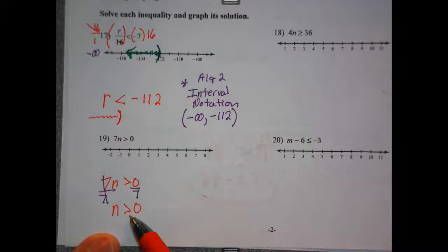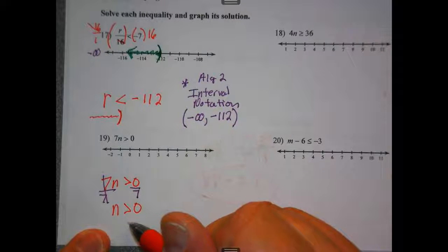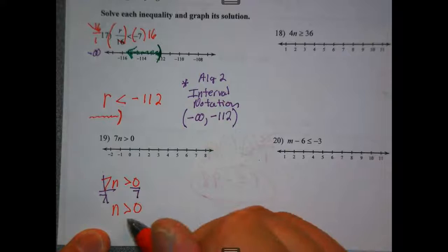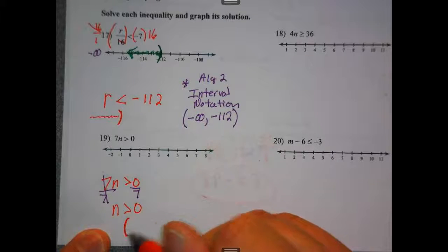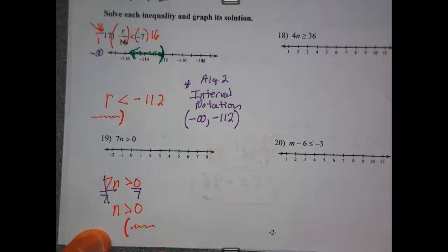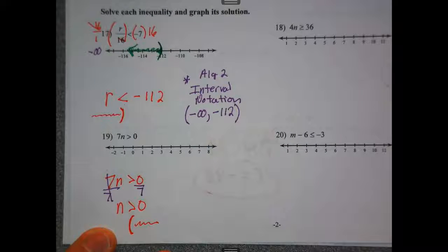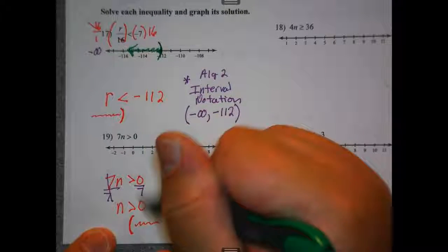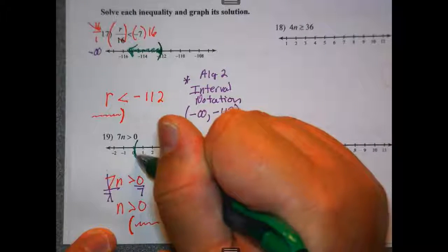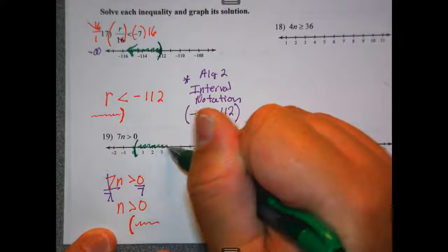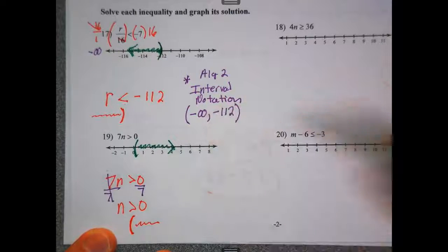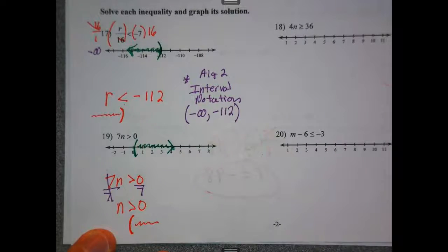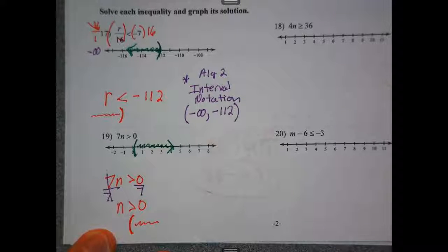There's no equal sign here, so I'm going to have a parenthesis, and the arrow is going to the right, so I'm going to curve that parenthesis to the right. So I go up to my graph and just write down what I wrote down for the parenthesis and shade to the right. Questions? Don't have to worry about interval notation yet.